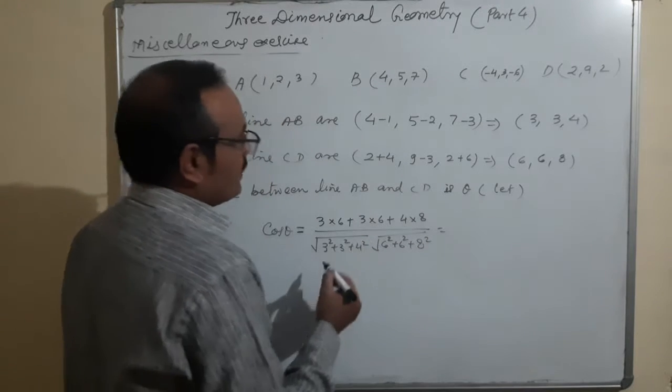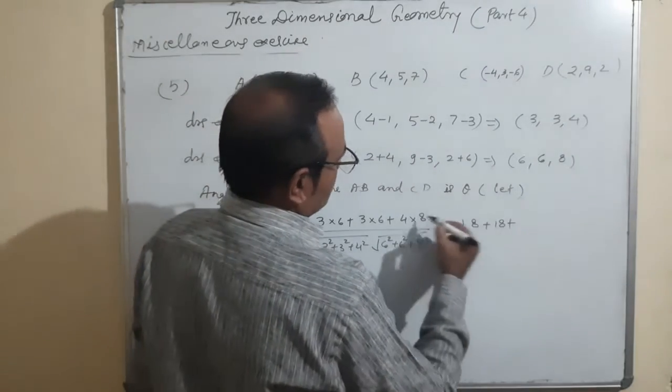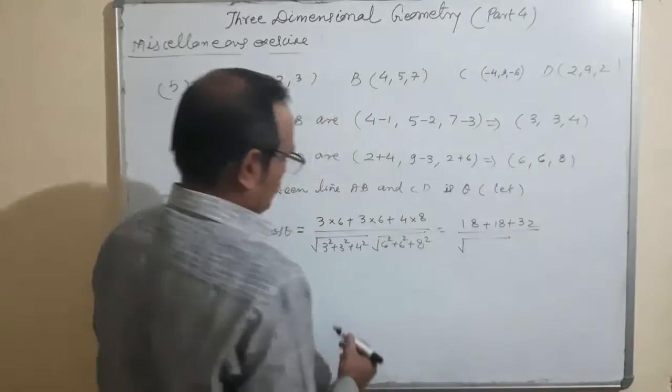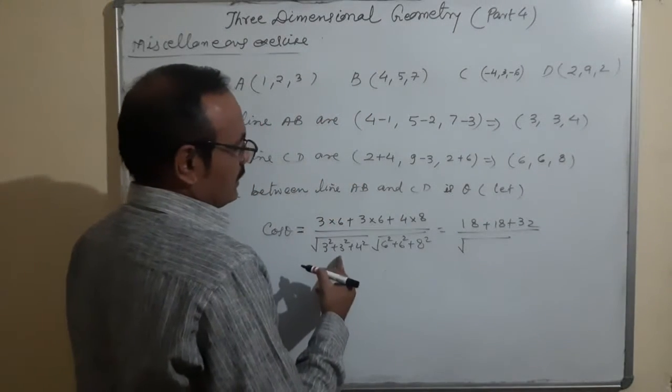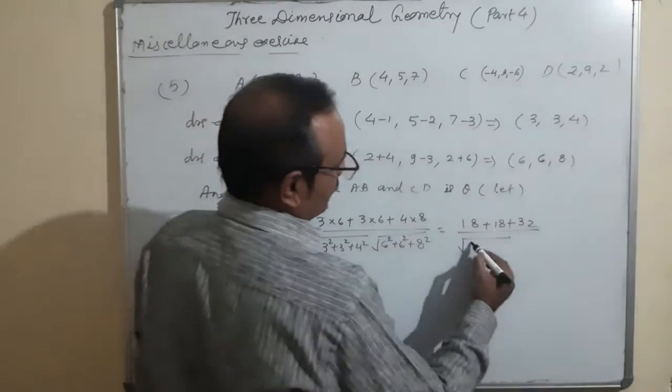So what is coming? 18 plus 18 plus 32 upon under root 9, 9, 18, 18 and 16, 34.